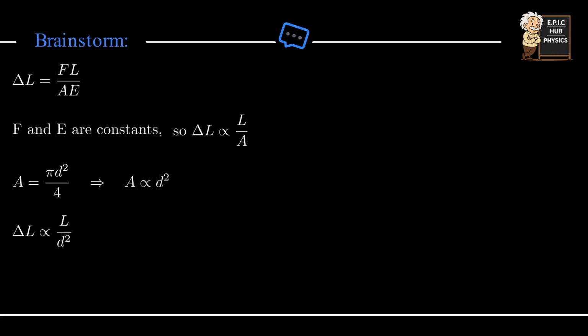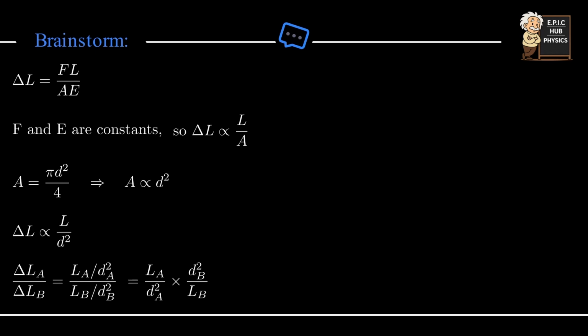Now we compare the extensions of wires A and B. The ratio of their extensions is delta L for A divided by delta L for B equals LA divided by DA squared, all divided by LB divided by DB squared. This is manipulated by reciprocating the denominator fraction and multiplying with the numerator fraction to give LA divided by DA squared, multiplied by DB squared divided by LB.